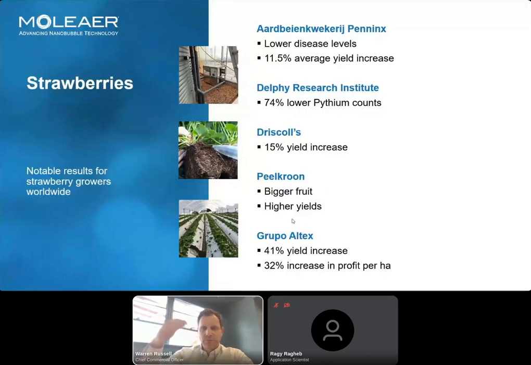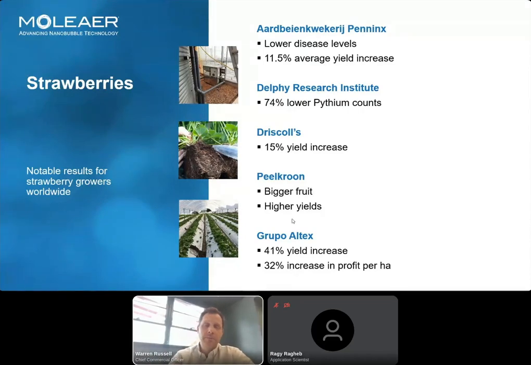We can go through these nice and efficiently, but again, we're talking about the foundation elements in terms of soil, water quality, root health, and the consequences of those.